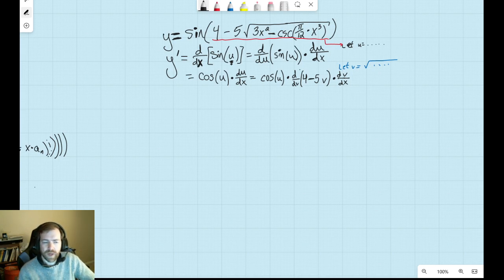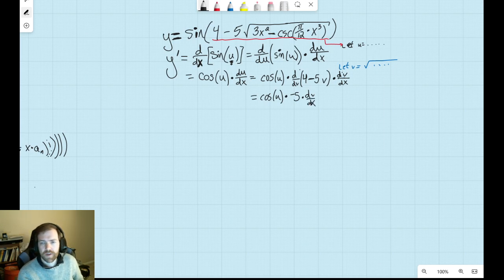We just keep going at this over and over again until we get the result at the end that we want. So this is going to be equal to the cosine of u times, we take the derivative with respect to v of 4 minus 5v, it's going to just be negative 5, times dv dx.